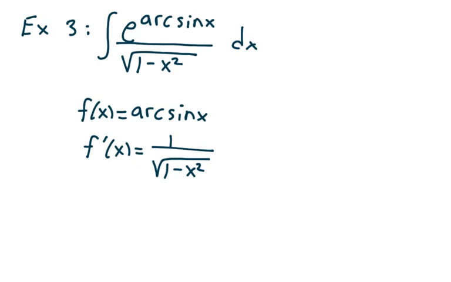Let's take a look at this example. Suppose we're integrating e to the arc sine x divided by the square root of 1 minus x squared dx. Now, if it helps, we can write this as the integral of 1 over the square root of 1 minus x squared times e to the arc sine x.